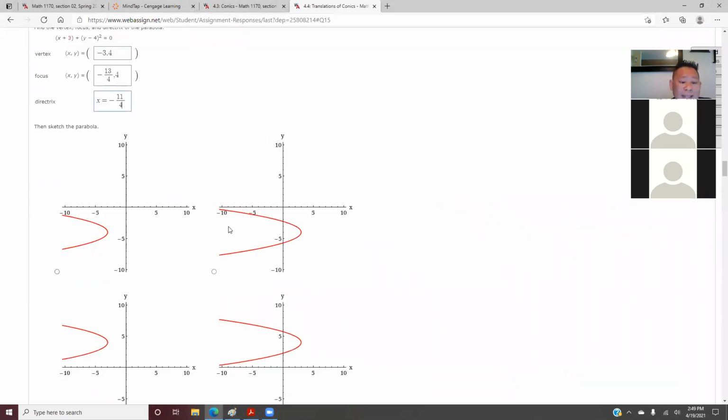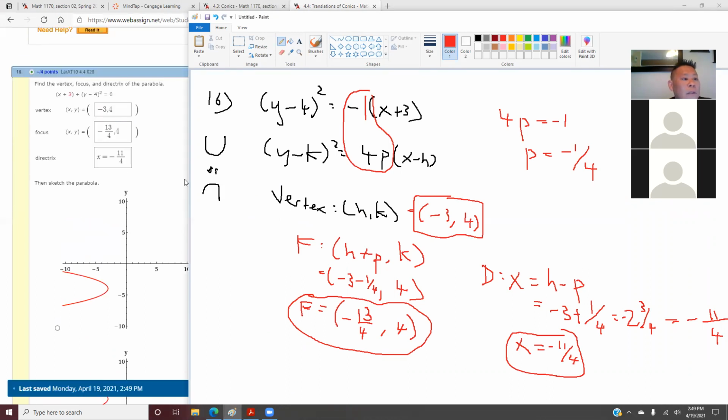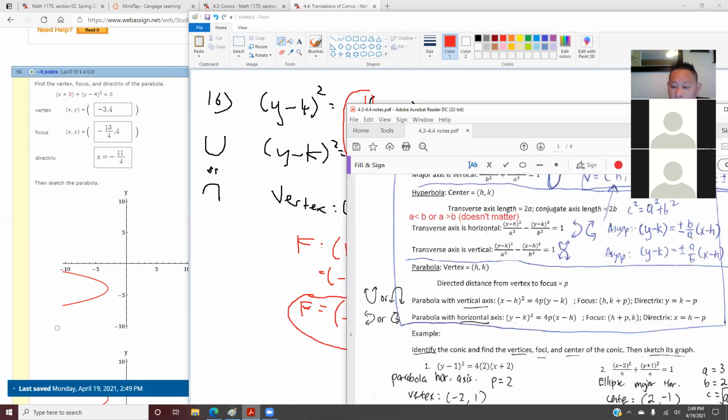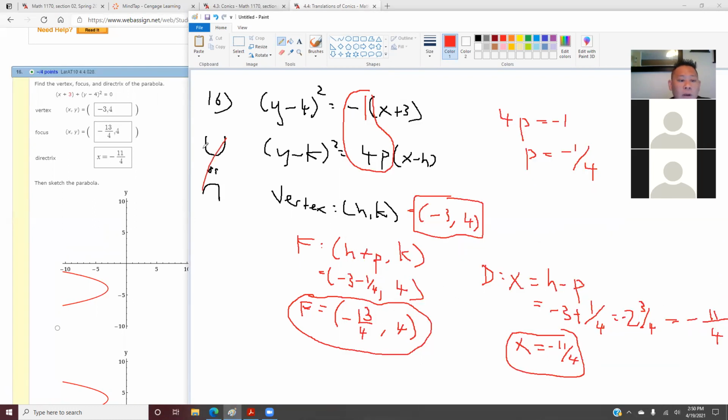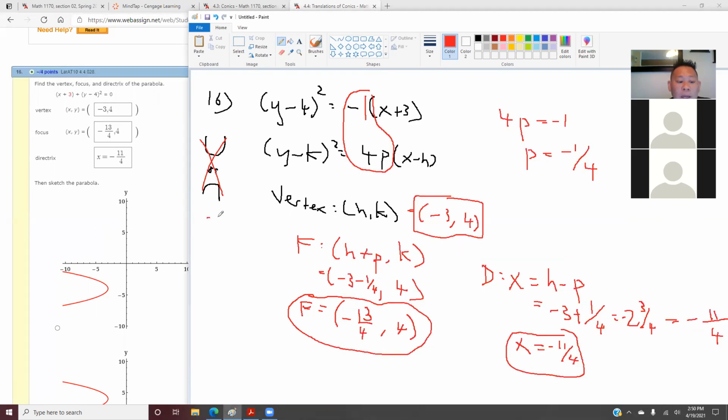It's going to be open sideways. Sorry about that. Since it's horizontal, it's open sideways. And because we know your p is negative, it's going to open on the left side.